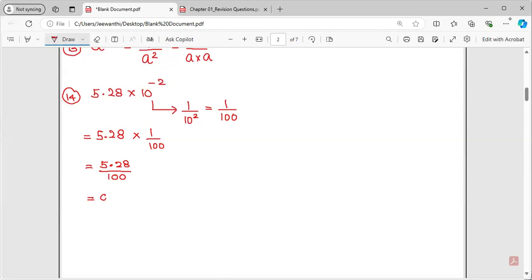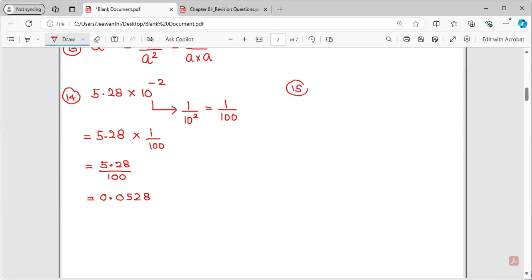So that becomes 0.0528. After writing the answer, check in your mind whether you have moved 2 steps. Yes, between 5 and 2, 1, 2, I have moved 2 steps. So this is my correct answer.